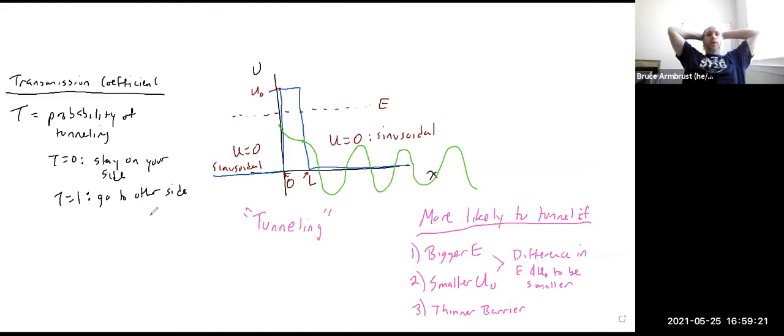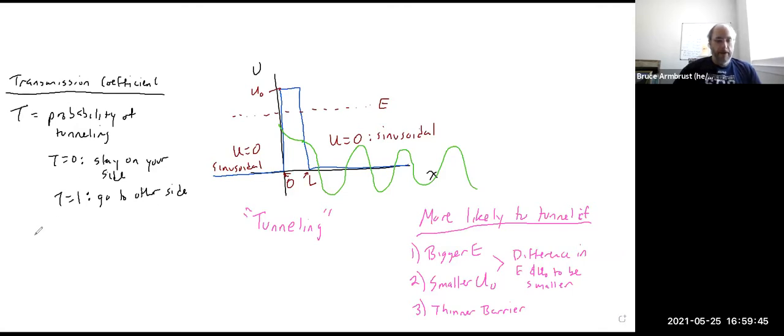If big T is 1, you always make it through. You always go to the other side. Usually we'll get a number between 0 and 1, obviously, but the closer it is to 1, the more likely you are to make it to the other side.